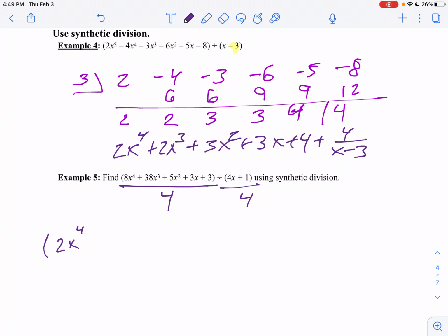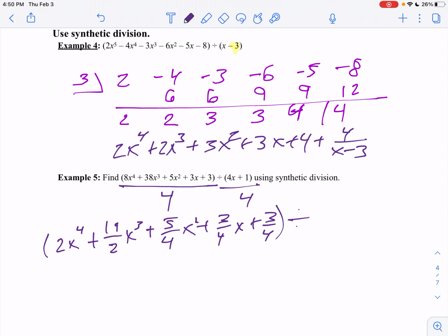And then 38 over 4, well, 4 doesn't go into 38, but I can reduce that to 19 over 2 x cubed. Plus 5 over 4 x squared. Plus 3 over 4 x. Plus 3 over 4. That's divided by x plus 1/4.